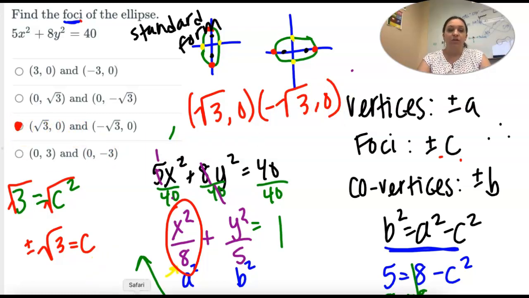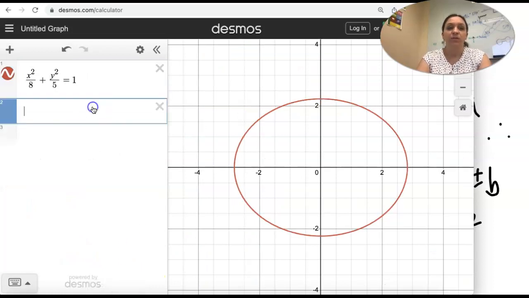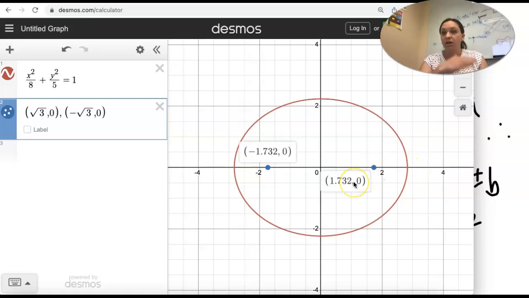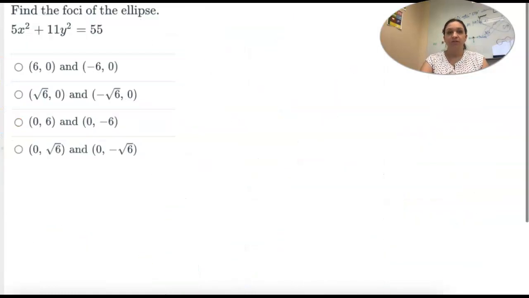So if we were to graph those points in Desmos, they're going to be just inside from the vertices on our main axis, which is the x-axis. Okay, so that's our first one.